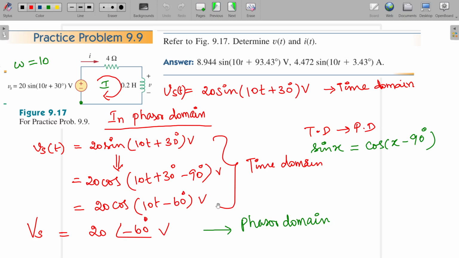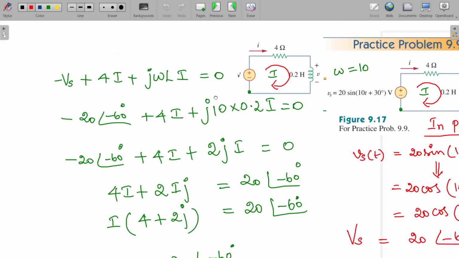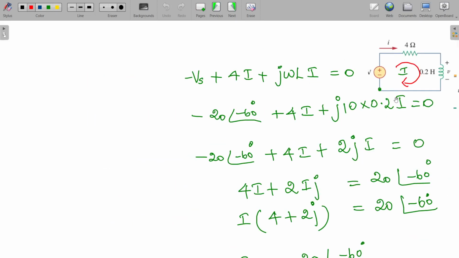Now after converting this Vs into the phasor domain, we go for finding I. For that, once again we refer to this diagram. We can apply KVL, Kirchhoff's voltage law. It starts from here. For this capital Vs, as we start moving like this, we encounter the minus sign first.